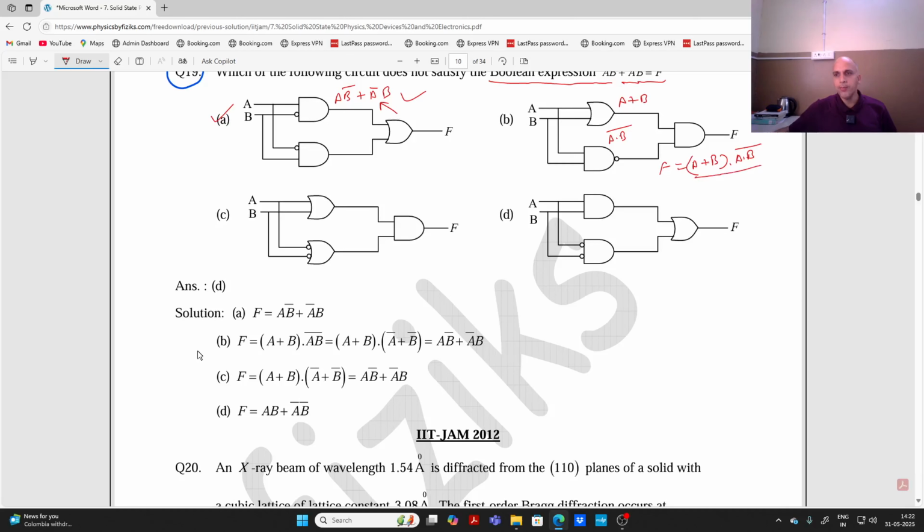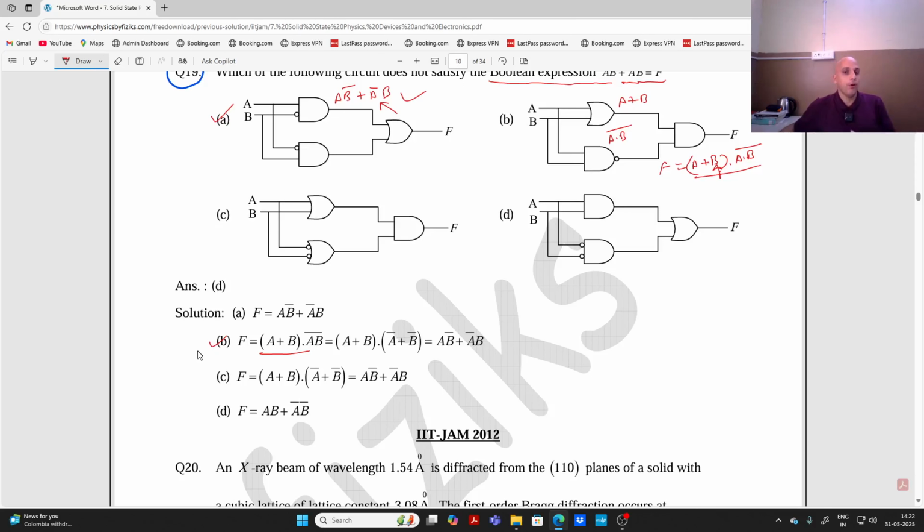Now we have to simplify this expression by using the Boolean laws. You can see here, a plus b into a b naught. Now a b naught is what? It is a NAND gate. So a NAND gate is equal to a bubbled OR gate, right? This is the way. Otherwise, if you multiply it, you won't be able to solve it. So we have to expand it.